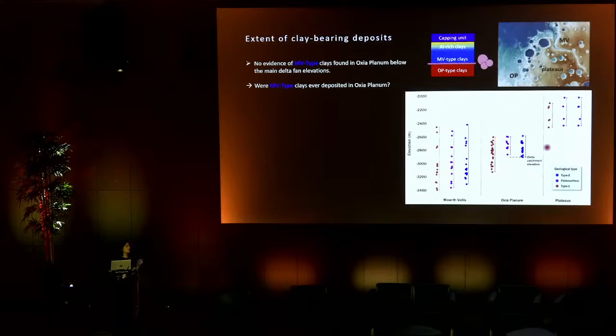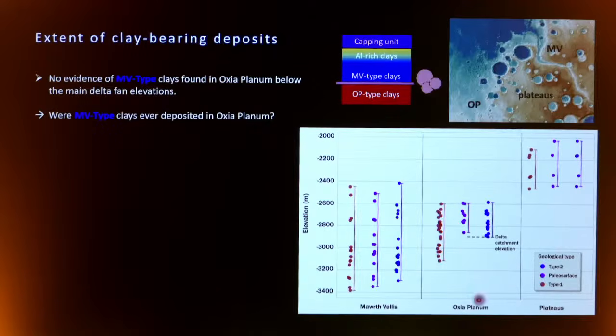So I don't completely rule out the ocean hypothesis, but I think it's still challenging, and with this study we pose some strong constraints. If we look at this plot, what's important is that if there was an ocean forming, for example, the OP-type clays, then it would have to be followed by an ocean retreat, because as we interpret the top of the OP-type unit to be this paleocratered surface, it can only form under subaerial conditions.